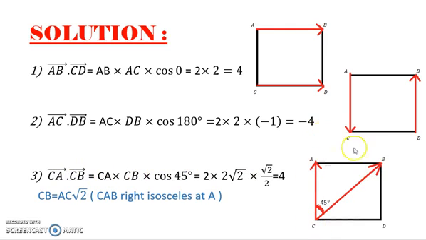The triangle CAB is a right isosceles triangle at A, and CB is the hypotenuse of this triangle. Then, according to the Pythagorean theorem in a right isosceles triangle, CB is equal to CA radical 2, then CB is equal to 2 radical 2, and cosine 45 we know is equal to radical 2 over 2, then the dot product CA vector dot CB vector is equal to 4.